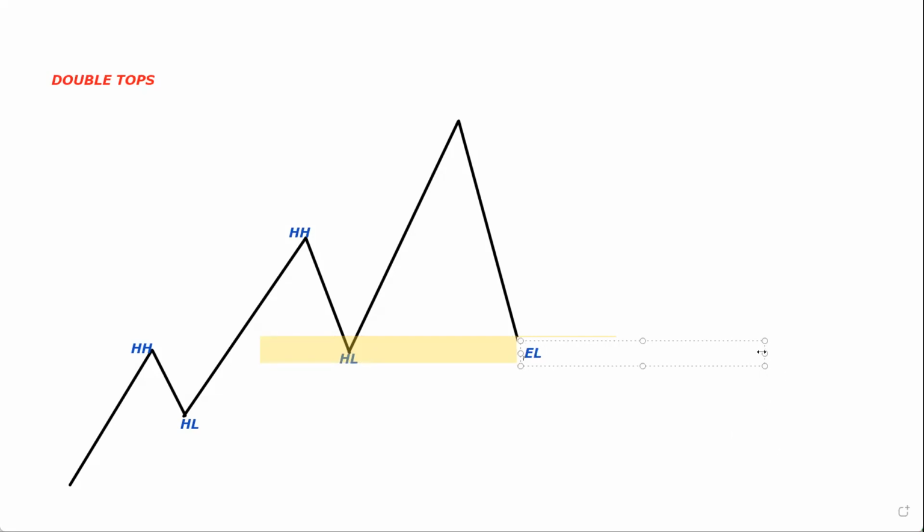The moment you see that equal low, you know that something is happening outside of the normal uptrend. When the market is going up, you want to be in a buy position. You're searching for buy positions, and you're buying in these areas right here.